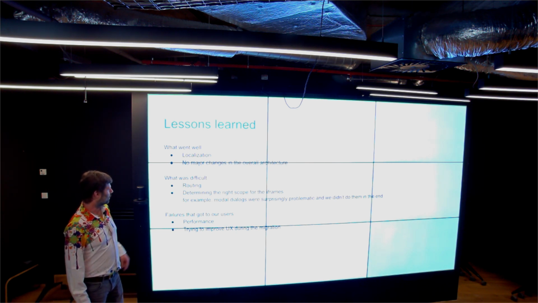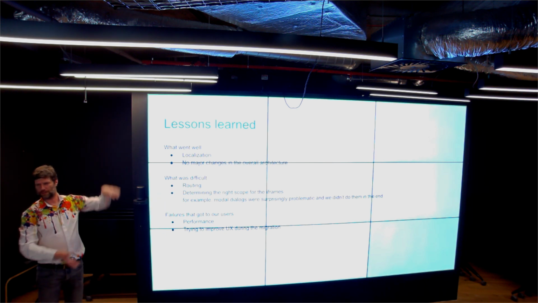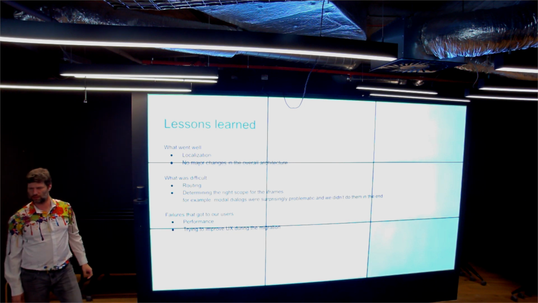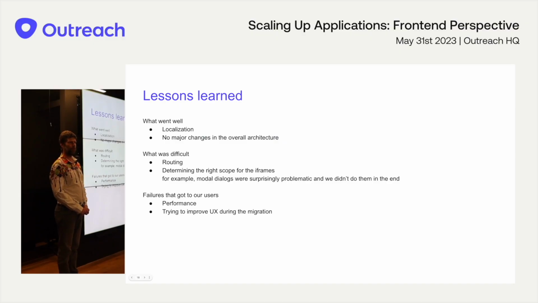The routing was a little bit difficult, how to do the routing in the iframes versus the routing in the top-level application. And I would say, what is the best scope for the iframes? You can do this little iframe doing something here and little iframe there. It kind of was too slow or too weird to display all of these. In the end, we settled with a single iframe showing something or no iframe, but not like 10 iframes doing things.